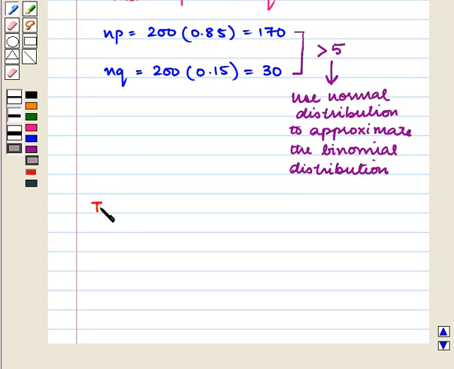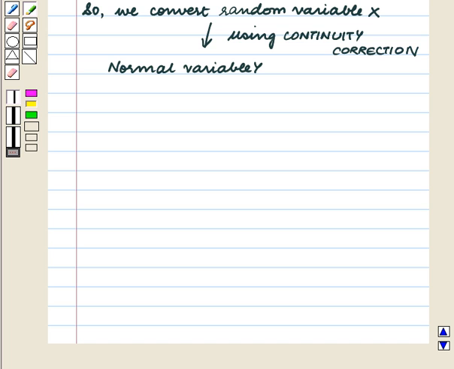We have to find probability of x equal to 174. So we convert random variable x to normal variable y using continuity correction.